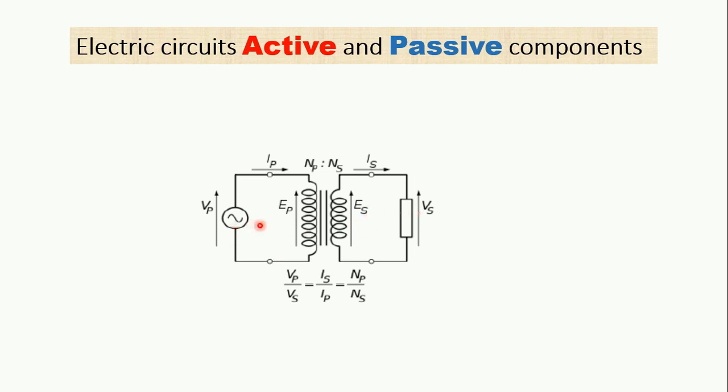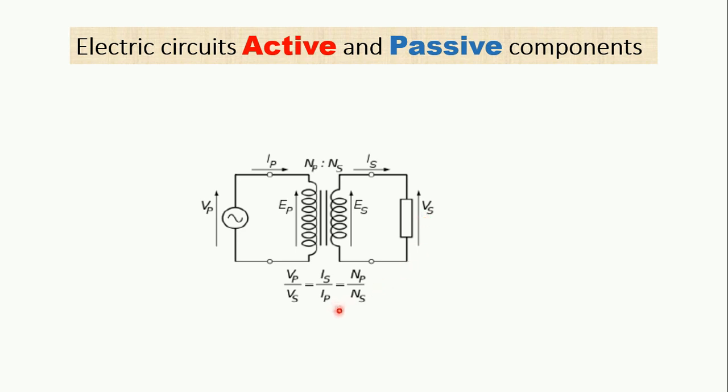The purpose actually is either to increase this voltage, VP, at the supply, so we get a higher voltage, in which case it's called a step-up transformer, or to decrease this VP, the input voltage, to get a lower voltage here. In this case, it's called a step-down transformer.